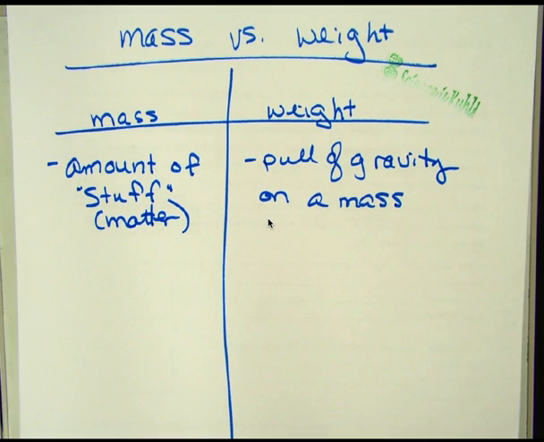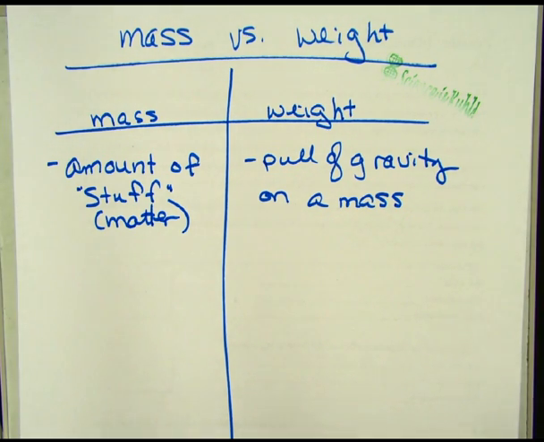Now, in physics land, it is important that we know the difference between mass and weight because, well, 200 years ago, we didn't really care about the difference because we only ever stayed on the surface of the Earth.